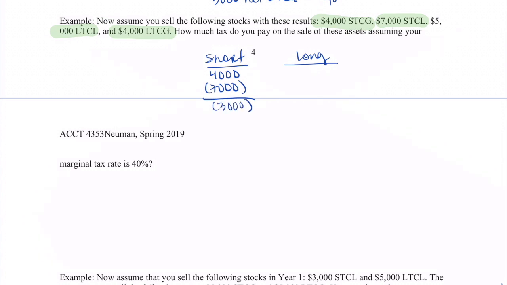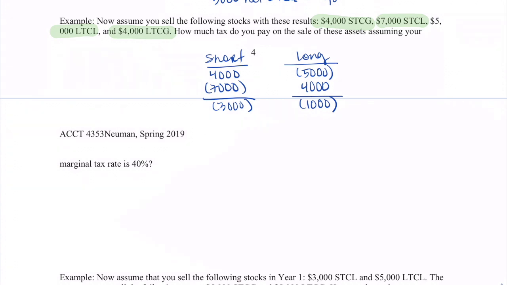For the longs, we have a $5,000 long-term capital loss and a $4,000 long-term capital gain. We net those together. We end up with a long-term capital loss of $1,000, a short-term capital loss of $3,000.